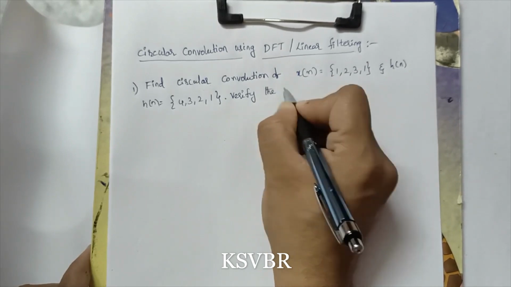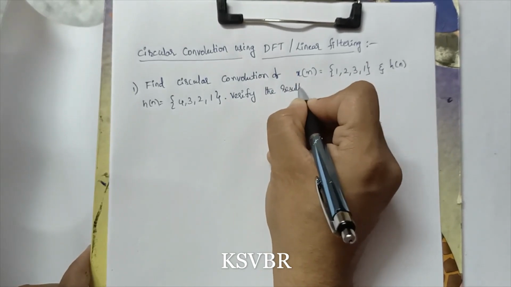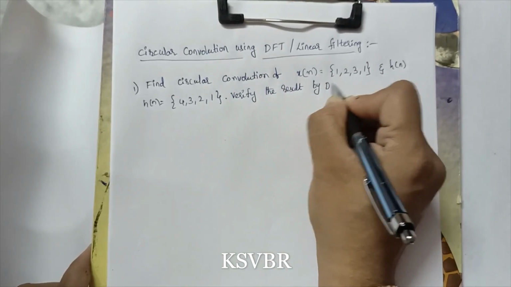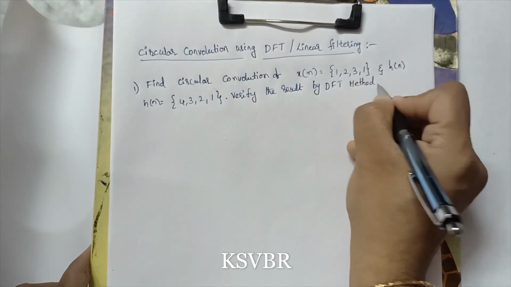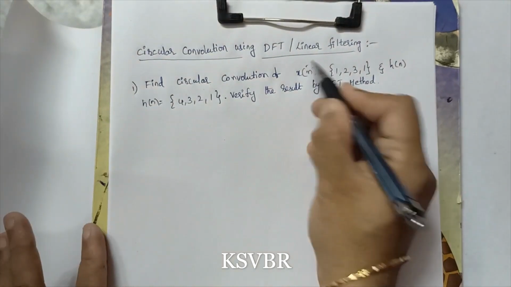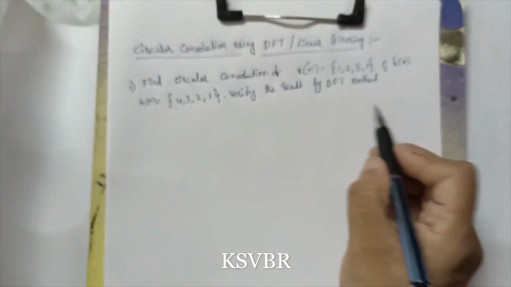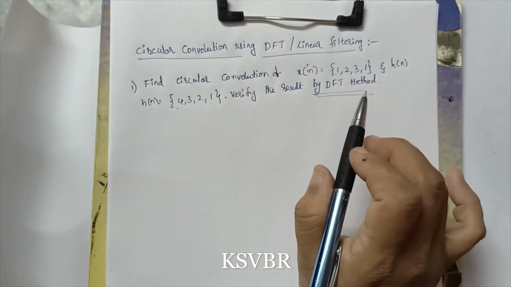Verify the result by DFT method. So we have to do circular convolution for x of n and h of n, and we have to verify it by the DFT method.